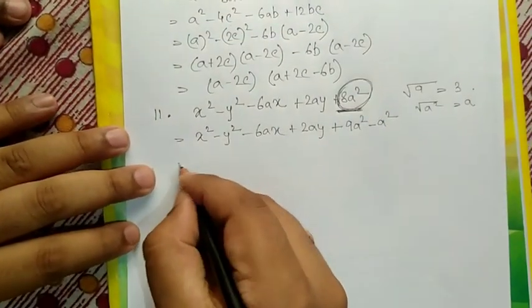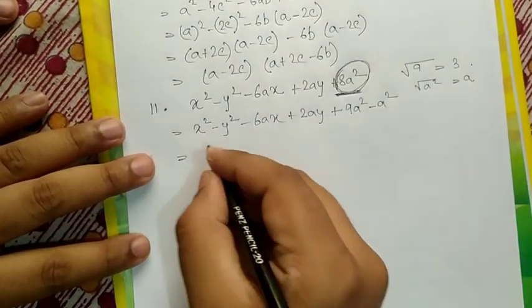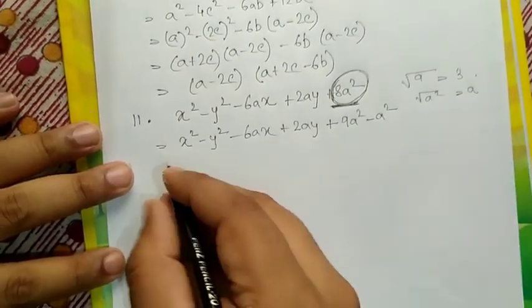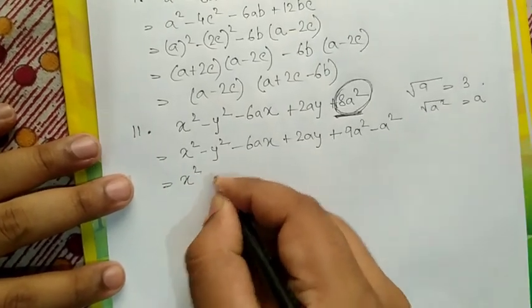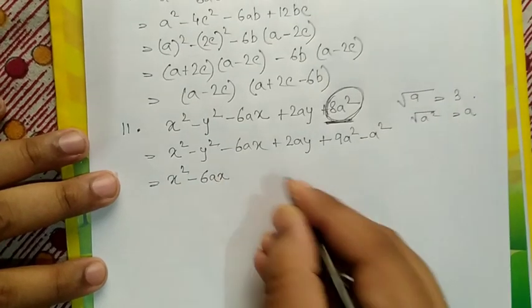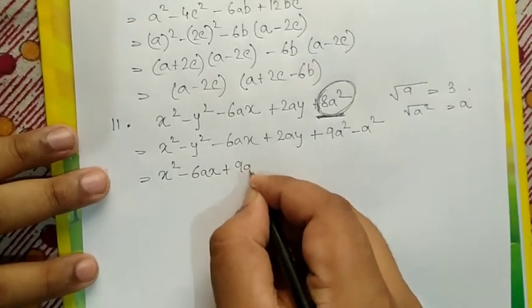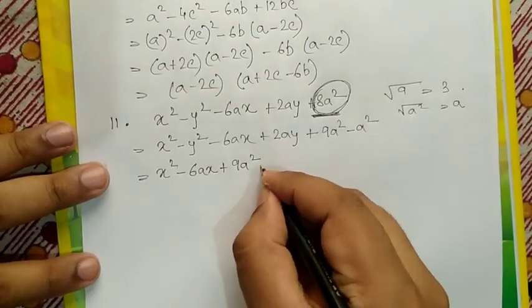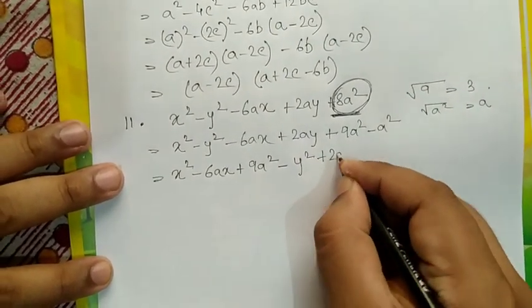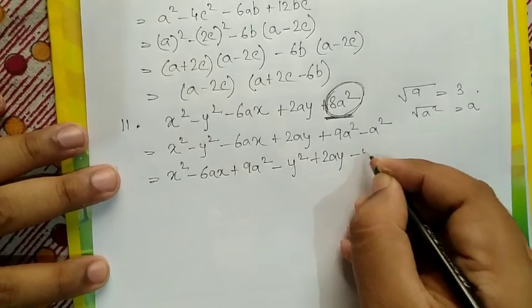After that we rearrange the values. First, x square minus 6ax plus 9a square. After that minus y square plus 2ay and minus a square.